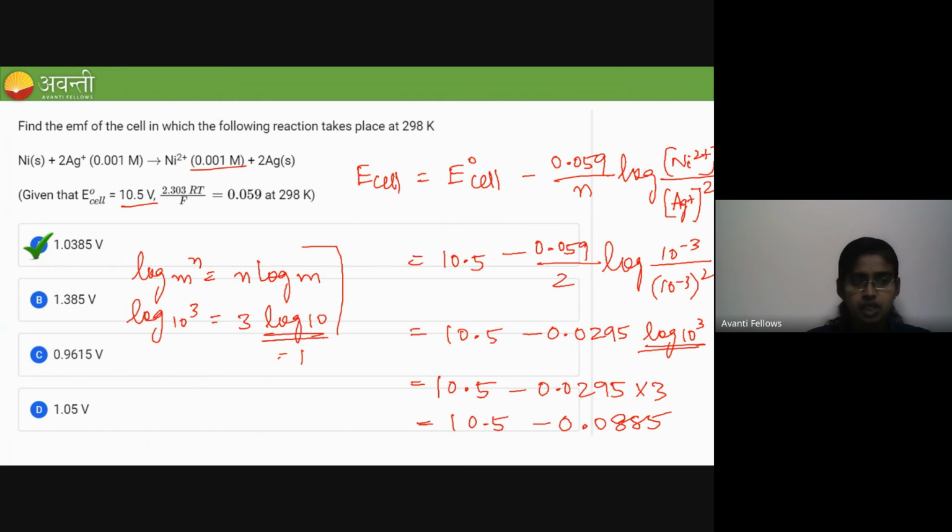It is actually 10.4. It is not 1.0. Just give me a second. Yeah, I got the answer wrong here. It is actually 10.4115 volt. Okay. So that is the correct answer.